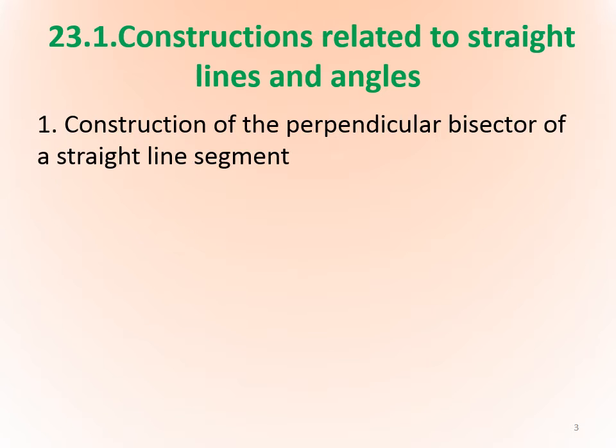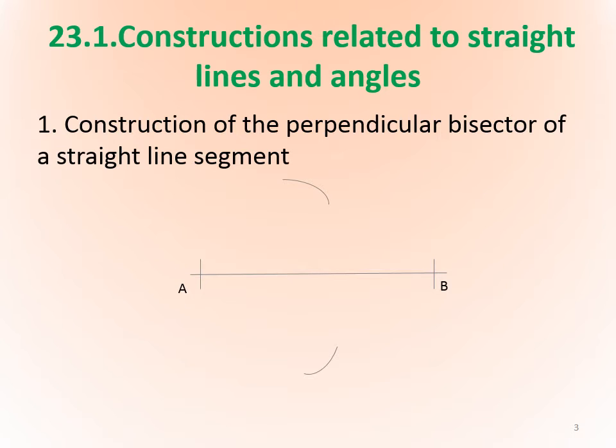First one, construction of the perpendicular bisector of a straight line segment. First, draw a straight line using a ruler, then mark 2 points and name them A and B. Now, keep the compass on the point A. Draw the arcs from A by taking a length which is a little more than half the length of AB.